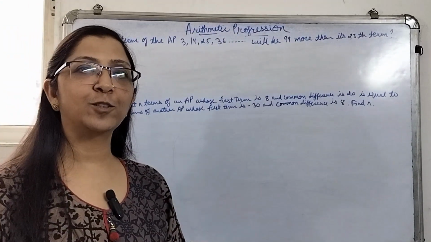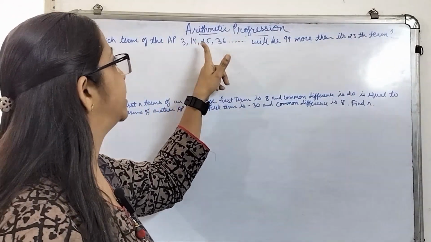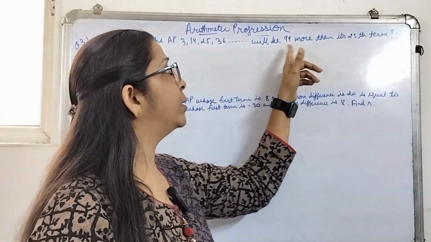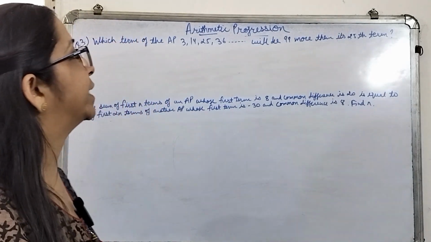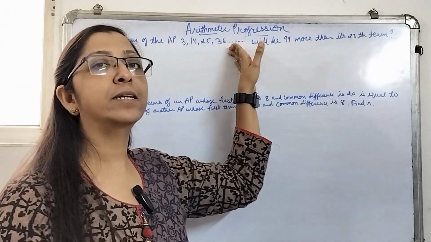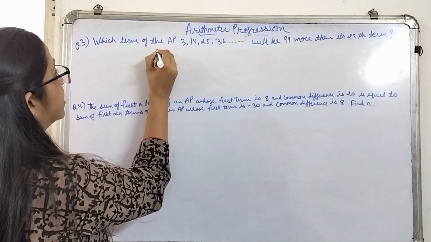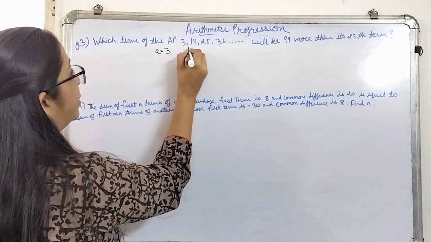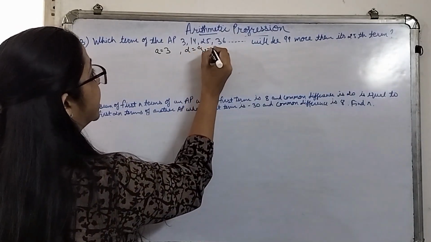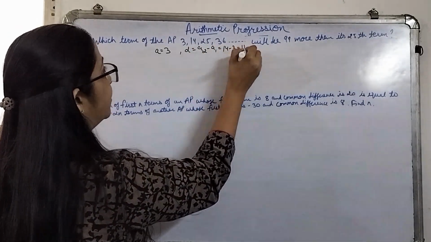Now let's see the third question. Which term of the AP 3, 14, 25, 36 will be 99 more than its 25th term? That means it is given that this series is in AP. We can see that the first term of the series is 3 and the common difference is the second term minus the first term, 14 minus 3, that is 11.